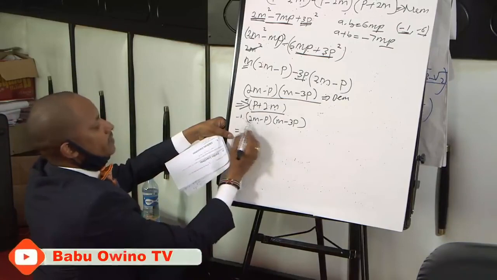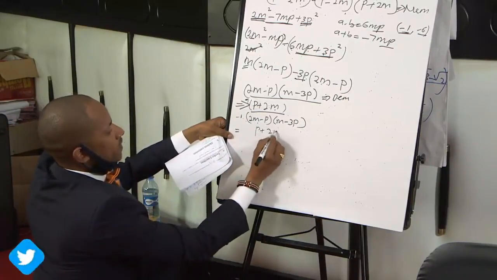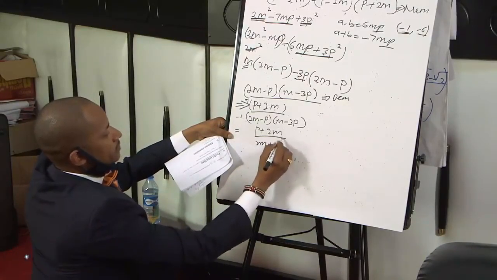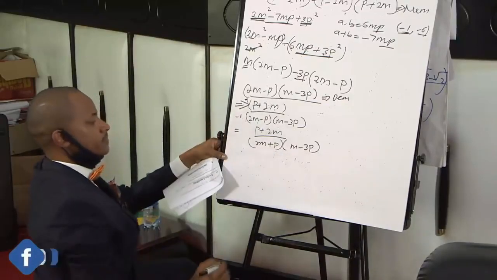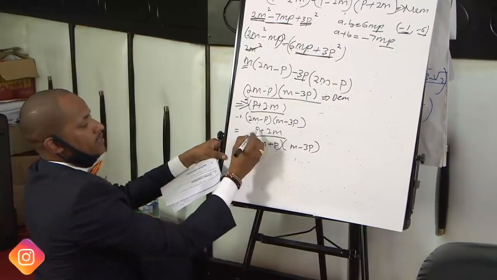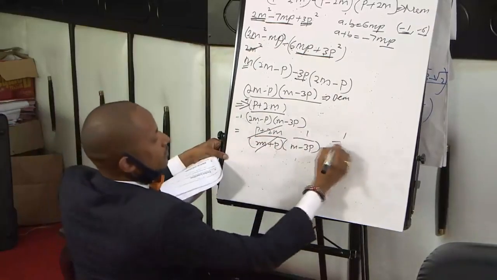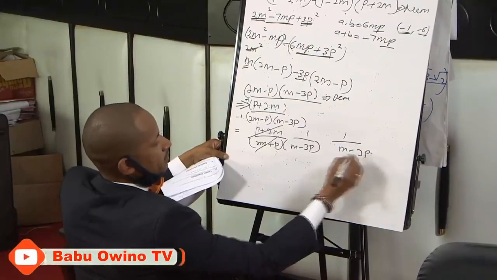When you open this, you will get p plus 2m divided by 2m plus p into m minus 3p. So 2m plus p and 2m plus p cancel. So here you remain with 1 divided by m minus 3p.